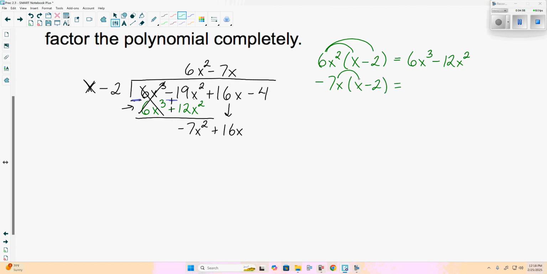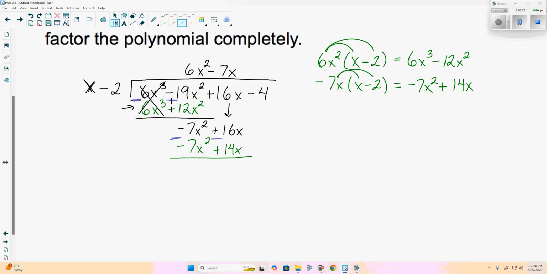Negative 7x times x would be negative 7x squared. And negative 7x times negative 2, the negatives make it positive, and 7x times 2 would be plus 14x. And we'll put it underneath this here.